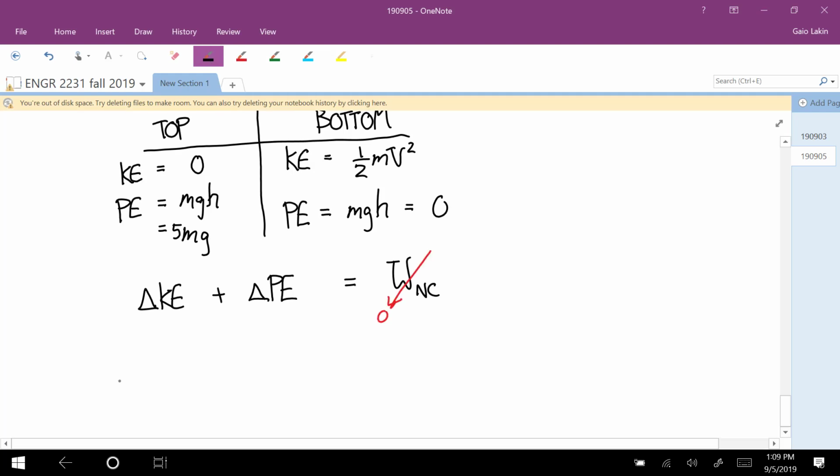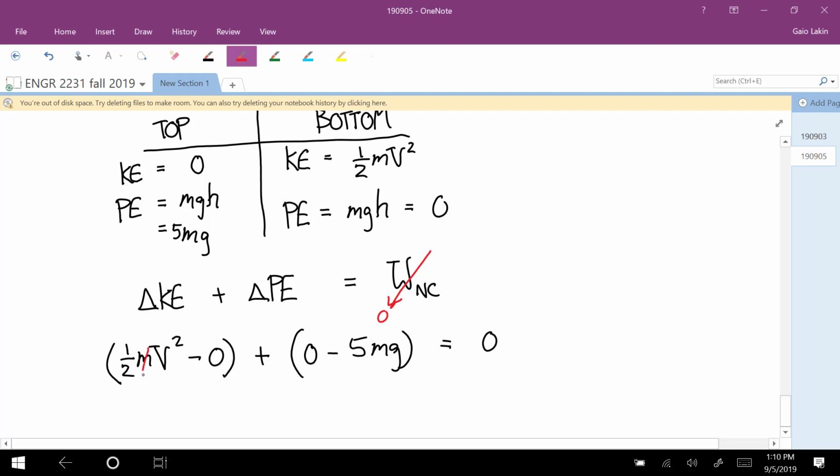The change in kinetic energy is 1/2 mv squared, the later kinetic energy minus the earlier kinetic energy. The change in potential energy is 0 minus 5mg, and that's equal to 0. Divide both sides by m, and you can cancel that out.